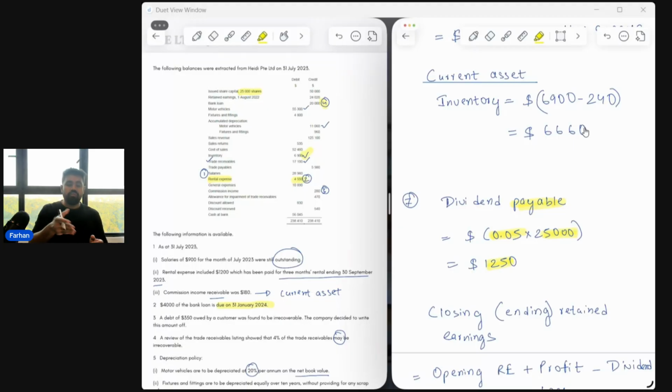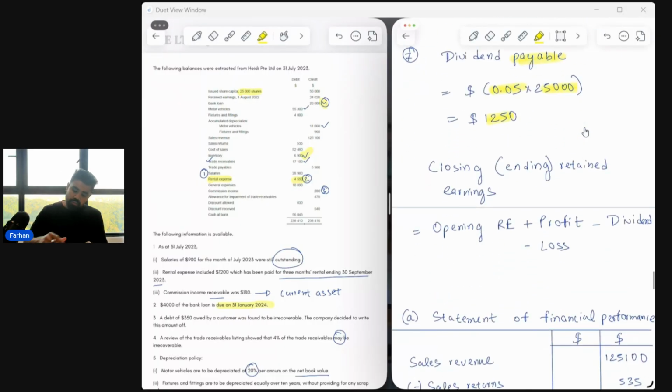So when we prepare the financial statements at 31 July 2023, we still have not paid it. So therefore, this is an obligation, a present obligation. So we will show this amount as a current liability. And then in your equity, you report the retained earnings. So the retained earnings will need to be reduced by this amount of dividend eventually.